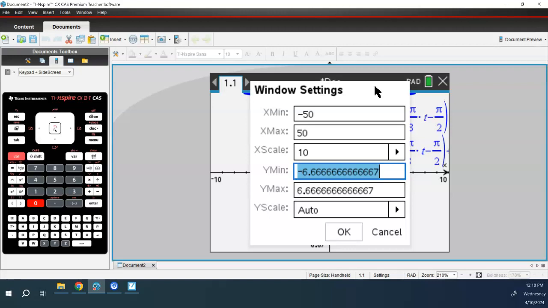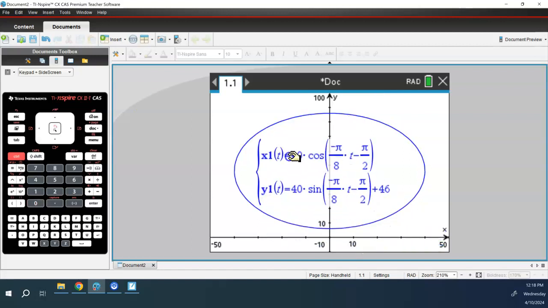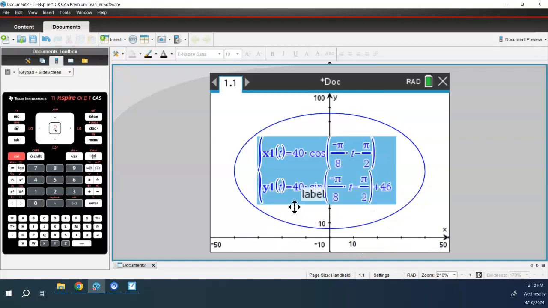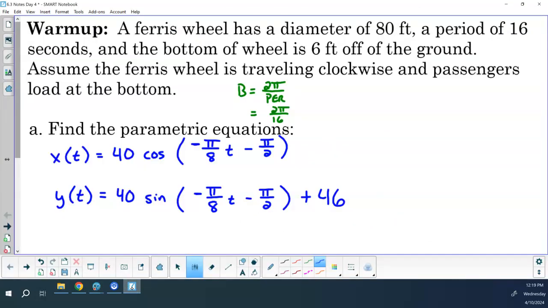So let's go to 100. That's not a circle, that's just the screen. Okay. Where is it?